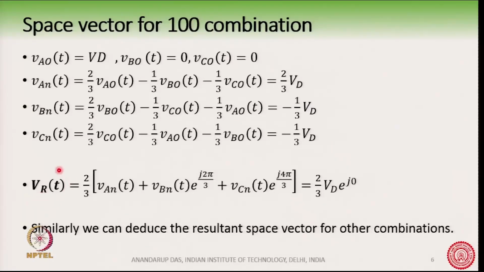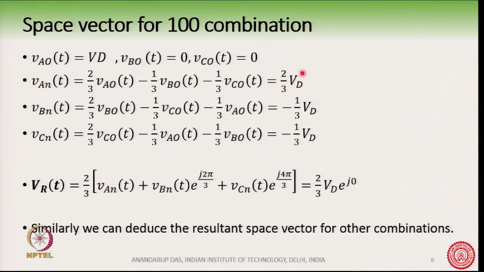So, the resultant load phase voltage space vector for the 1 0 0 switching state combination will be 2/3 (VAN + VBN e^(j2π/3) + VCN e^(j4π/3)).